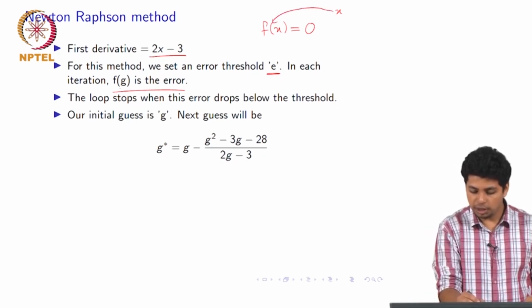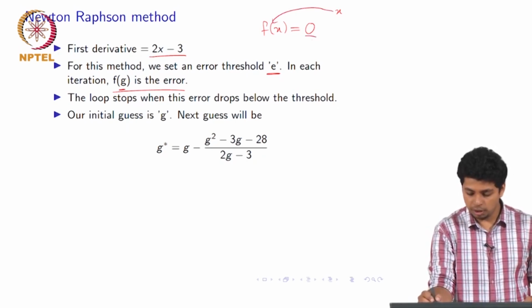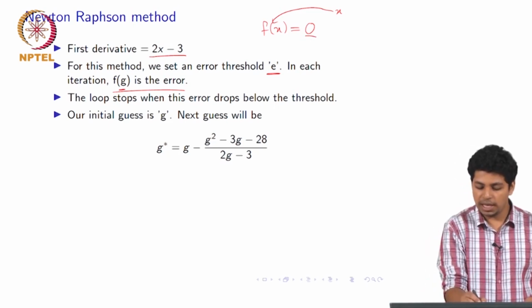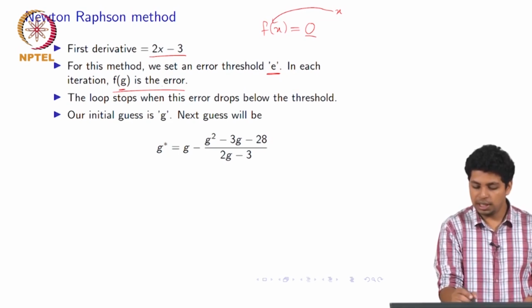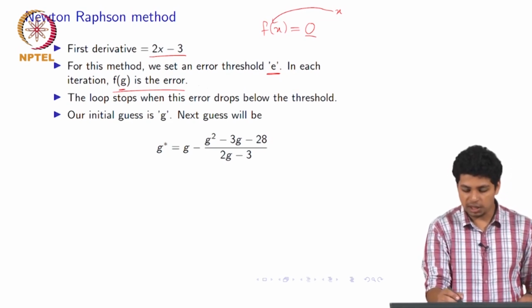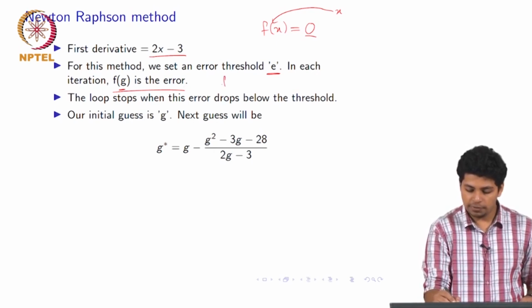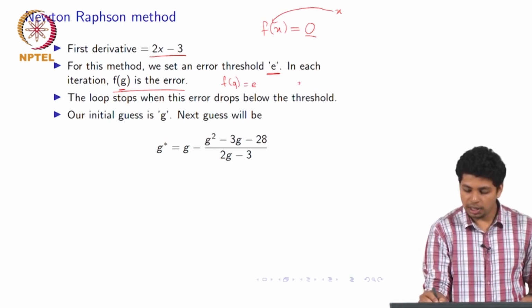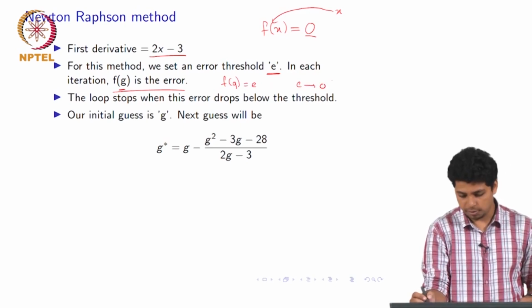So if I put f of g here and my answer is supposed to be 0, or f of x for a root is supposed to be 0, then whatever value of f of g I have, if it is non-zero, will be my error, and what I want is my error to be as small as possible. So my f of g is going to be e, which is my error, and I want e to be as close to 0 as possible.